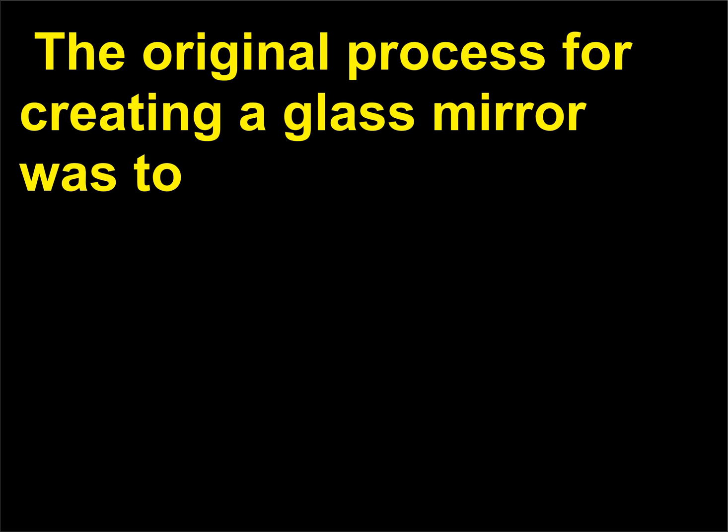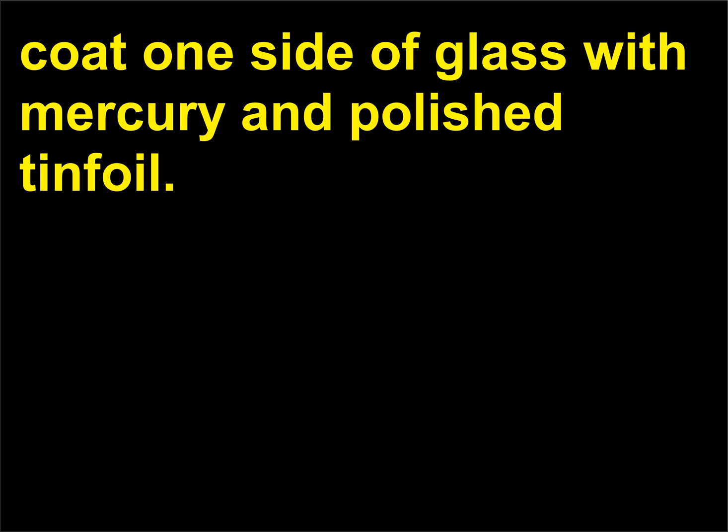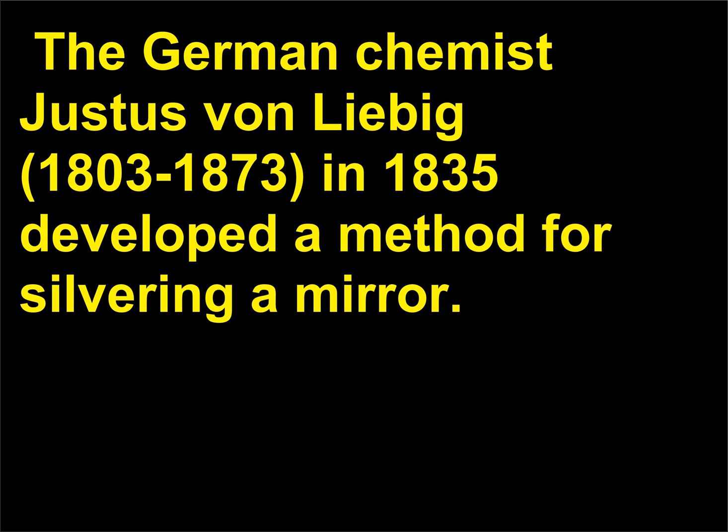The original process for creating a glass mirror was to coat one side of glass with mercury and polished tinfoil. The German chemist Justus von Liebig, 1803–1873, in 1835 developed a method for silvering a mirror.